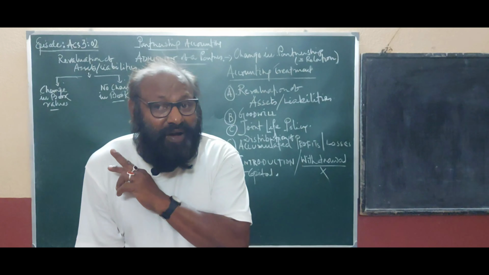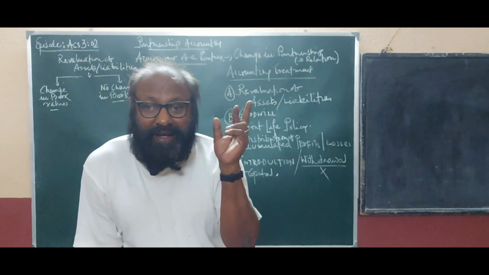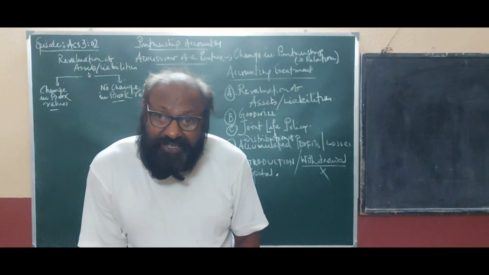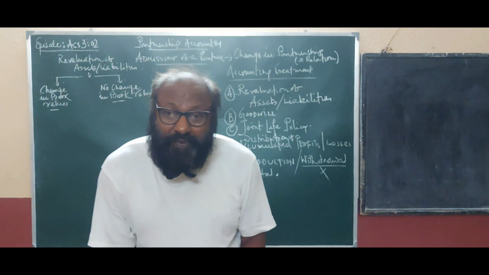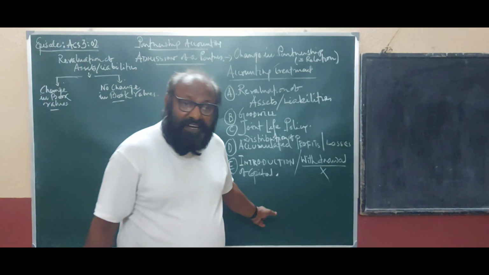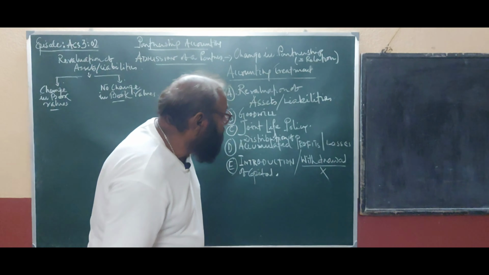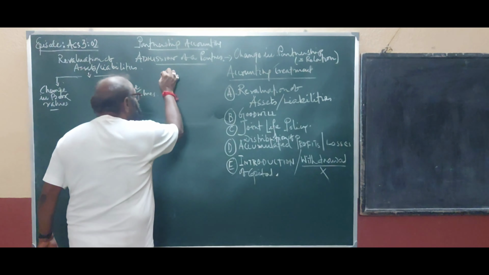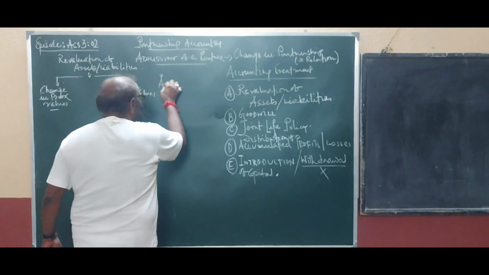Or in case of dissolution of partnership, in the event of admission, death, retirement, or change in profit sharing ratio, we have to make necessary adjustments in the books of accounts.